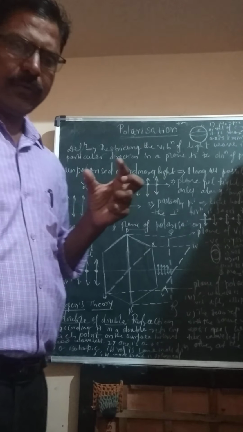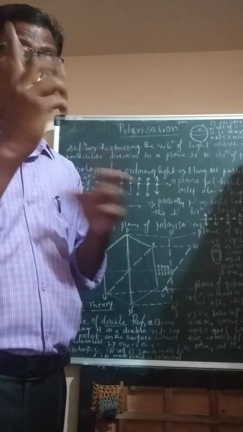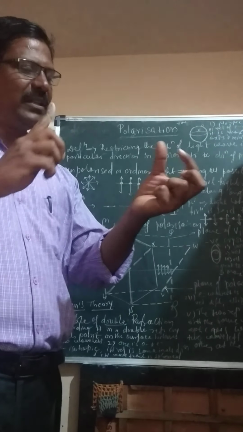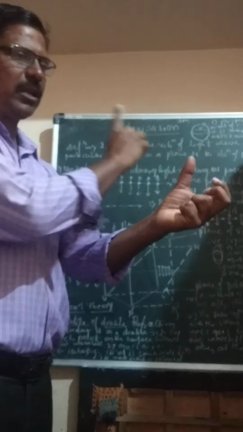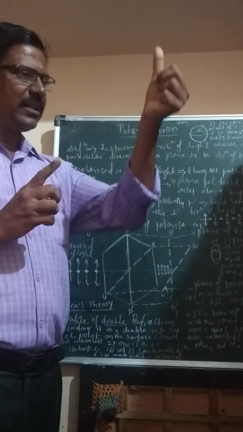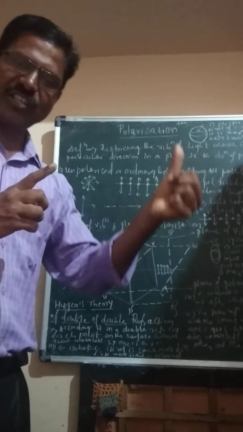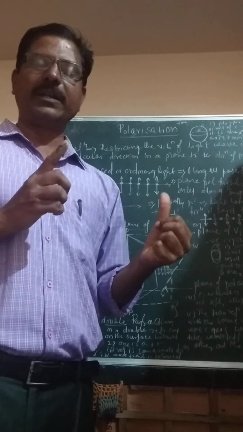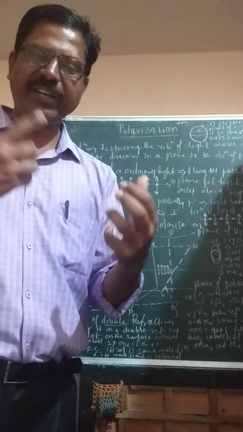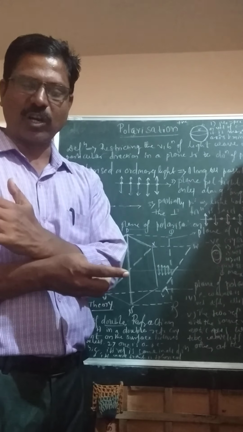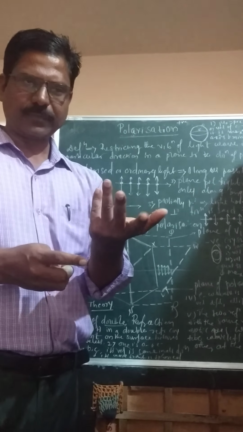So what are those two rays? When the crystal is rotated about the normal passing through the ink dot, the image which remains stationary, that image is called the ordinary image, and the rays coming out of it are called ordinary rays.